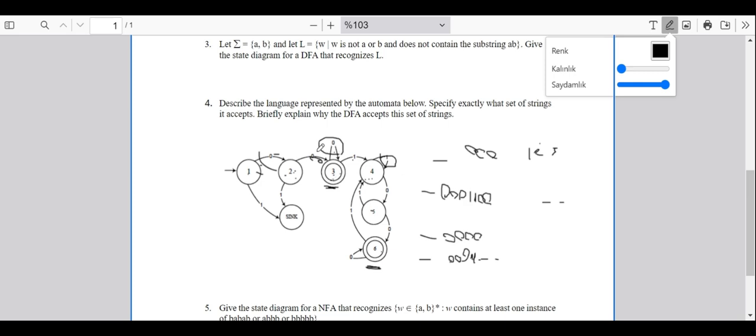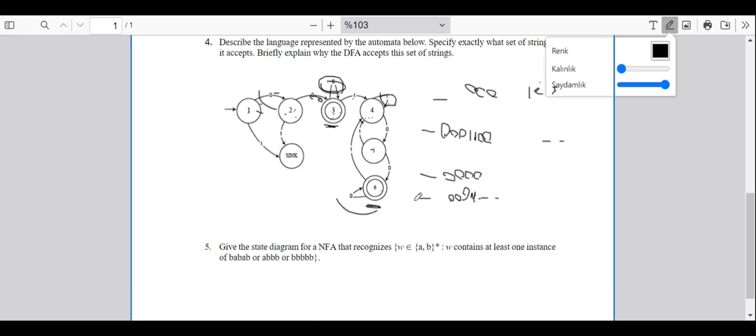It can loop with 1 in state 4 here, and it can loop with 0 after state 6.